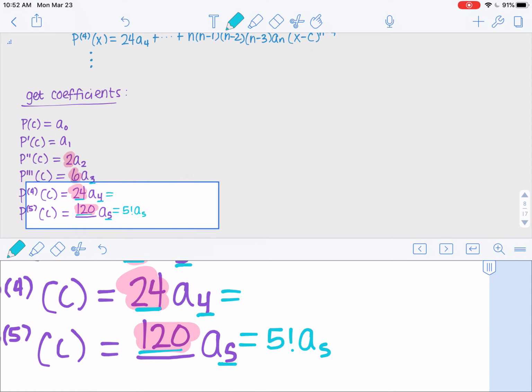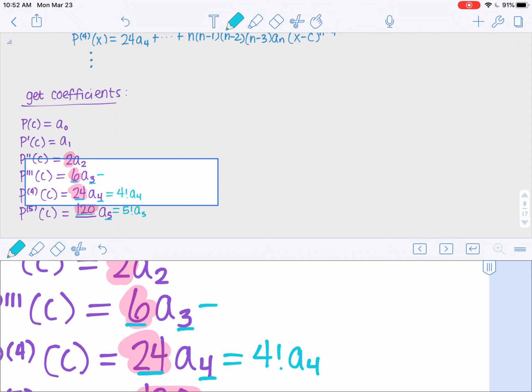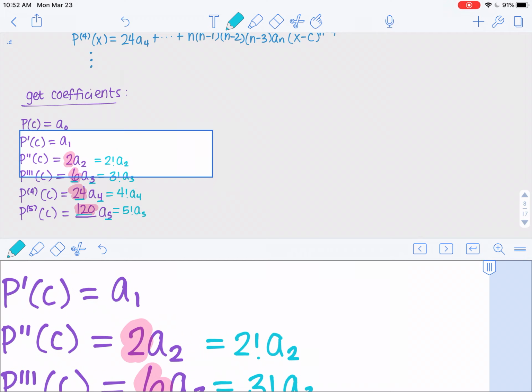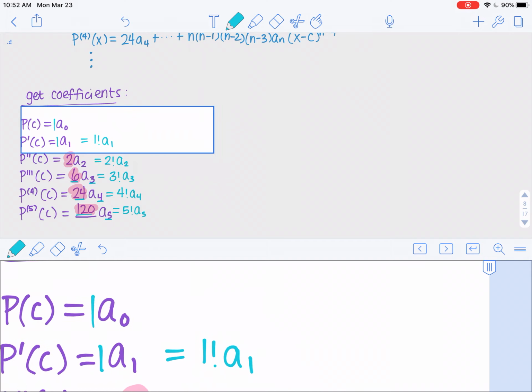This is actually 4 factorial a sub 4. This is actually 3 factorial a sub 3, and really 2 factorial is 2, so this is 2 factorial a sub 2. And here there is a 1. Well, 1 factorial is 1. And there's a 1 here, and you might be worried about that, but remember, 0 factorial is also 1.